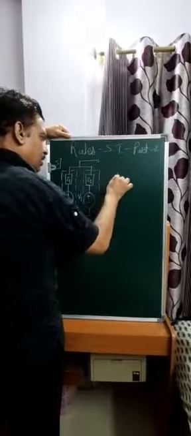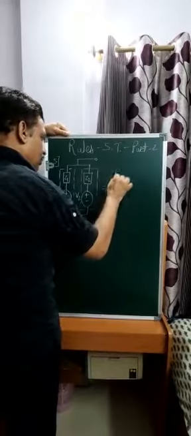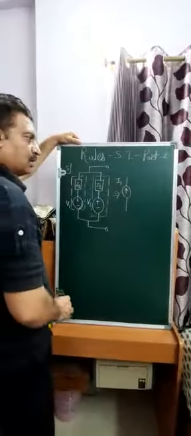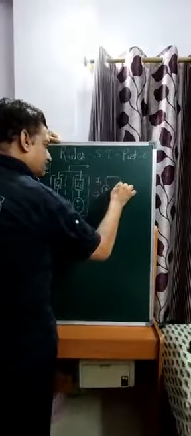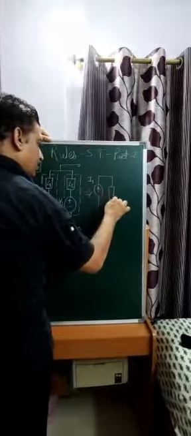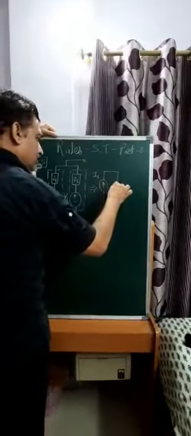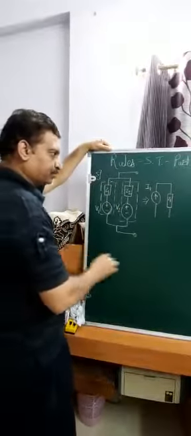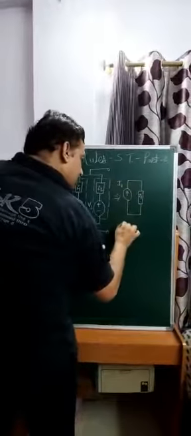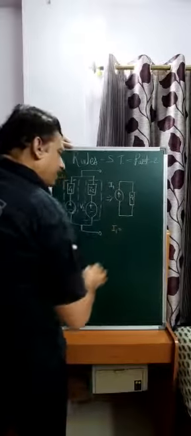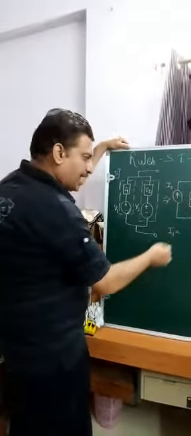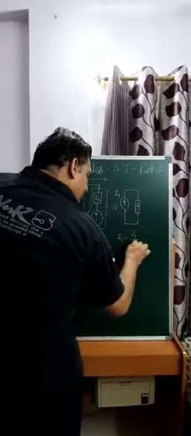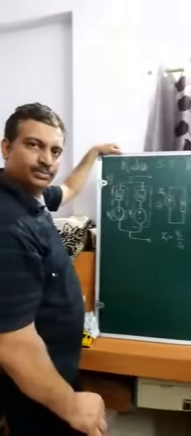I get a current source with arrow indicating upward having value I1 and its internal impedance connected in parallel to the current source, which is similar to the value of the series internal impedance of the voltage source. So the value of this I1 can be found out by using Ohm's law. So I1 can be calculated from this V1 and Z1. So I1 is equal to V1 upon Z1, Ohm's law.